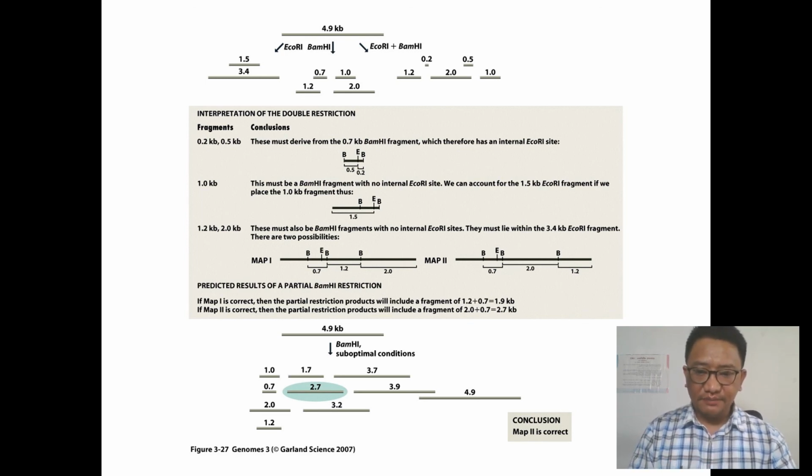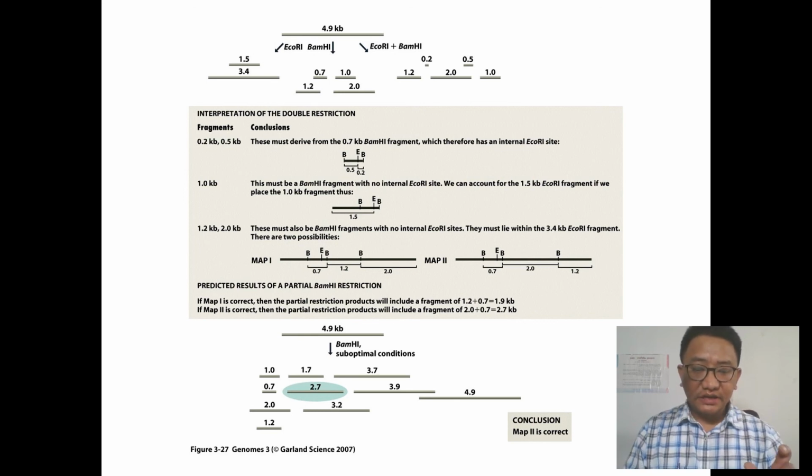Since it was BamH1 restriction digestion, the BamH1 site is at 0.7 and at 1.2. If map 1 is correct, then we should expect in the partial digestion a fragment of size 1.9 kb. Similarly, if map 2 was correct, then the partial digestion product should include a fragment of 2 kb plus 0.7, that is equivalent to 2.7 kb.